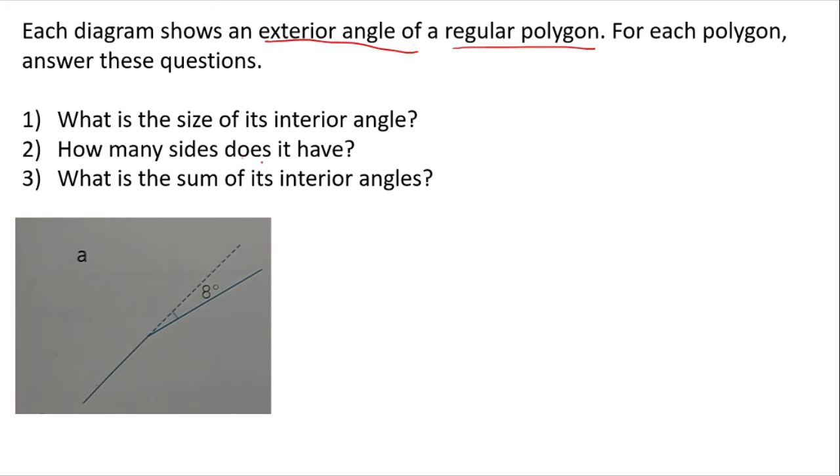So sa nauna nating part na sinagutan, nag-let x tayo. So since hahanapin natin ay interior angle, so mag-let y naman tayo. Okay. Let y be the measure of its interior angle.